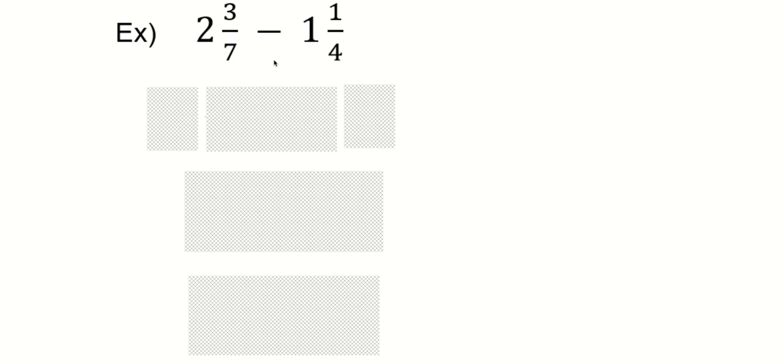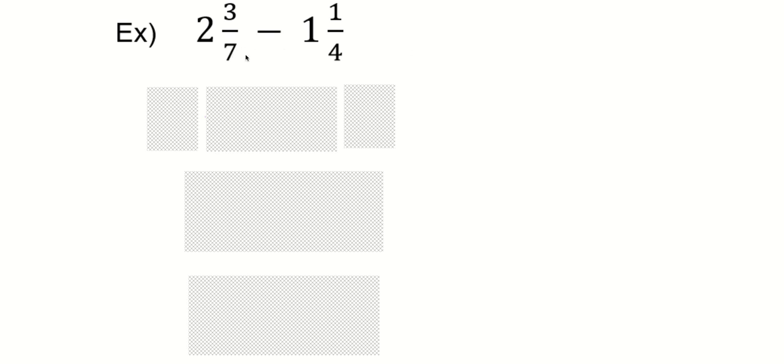So do you remember how to turn mixed numbers into more traditional fractions, even if it's an improper fraction? Do you remember how to take this mixed number and rewrite it so it's not a mixed number anymore? Well, here's what you do.